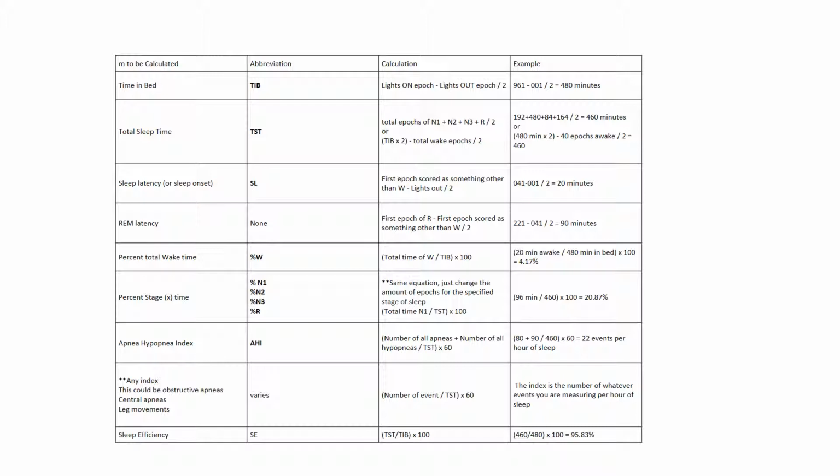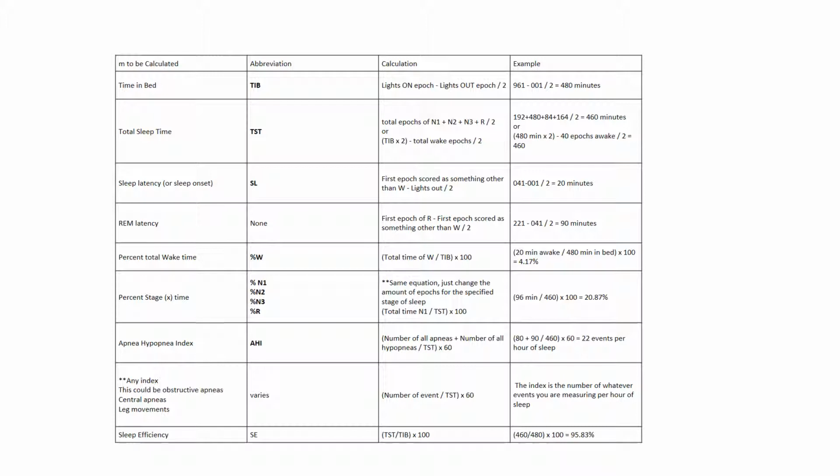Okay, moving down our table, the apnea-hypopnea index, abbreviated AHI. You take the number of all apneas and the number of all hypopneas, divide it by your total sleep time, and then you take that times 60, because what we want is how many times did they stop breathing or abnormally breathe per hour of sleep. So that's where the 60 comes in, 60 minutes in an hour.